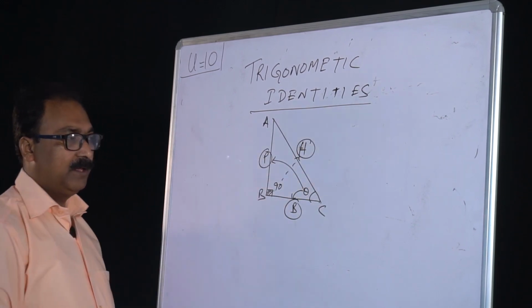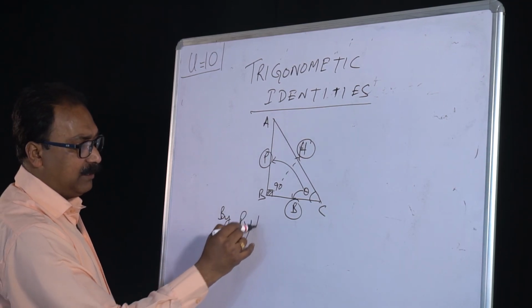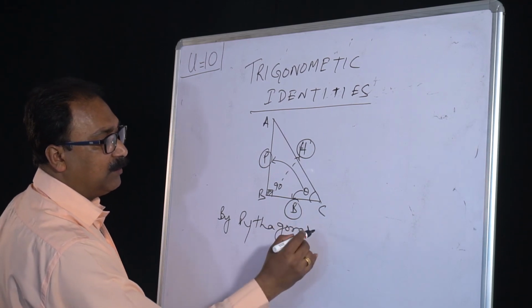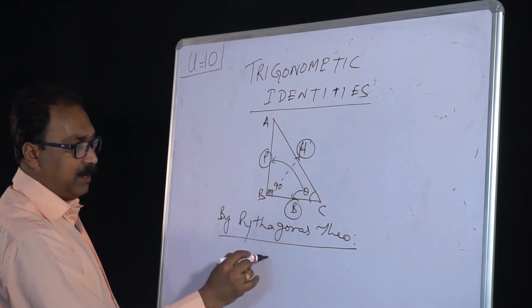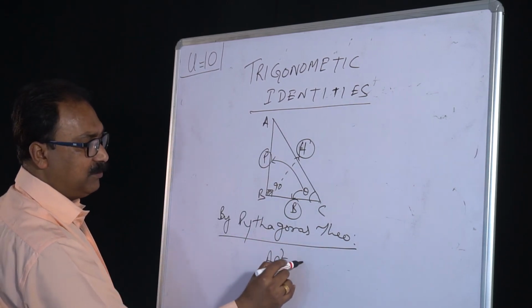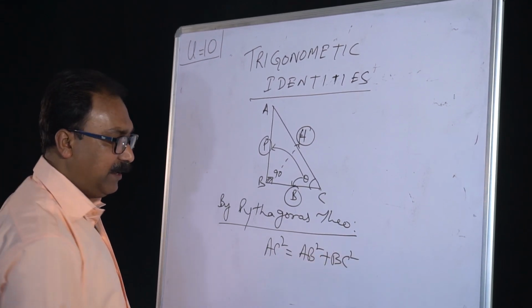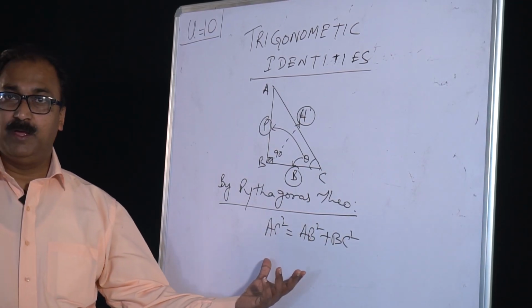Clear? Now by the Pythagoras theorem, what do you know? The square of the hypotenuse, AC square, is equal to AB square plus BC square. This is the main equation of the Pythagoras theorem.